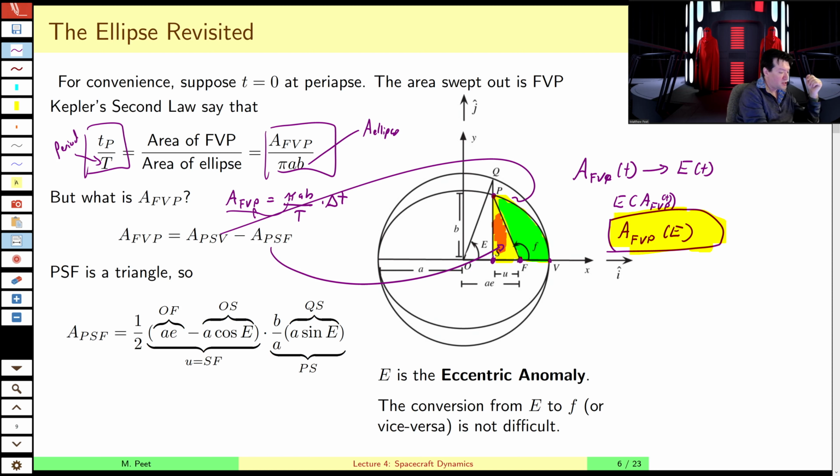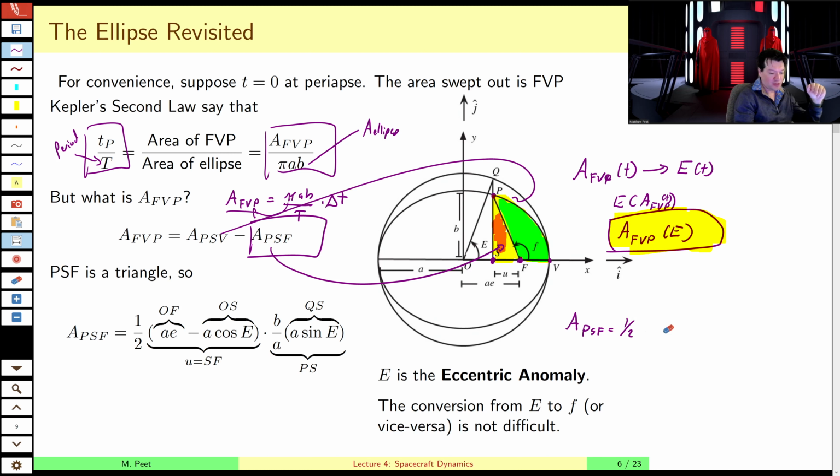So let's start with PSF though. PSF is easy to calculate, right? Because it's a triangle. Triangles are pretty cool because we have a very nice formula for their area. APSF equals 1/2 base times height. Maybe you've heard of that before, right? Probably. So the remainder, of course, is to calculate what is the base and what is the height.